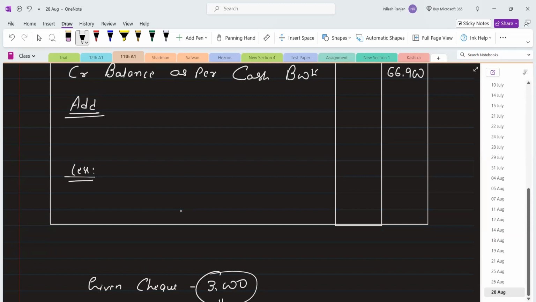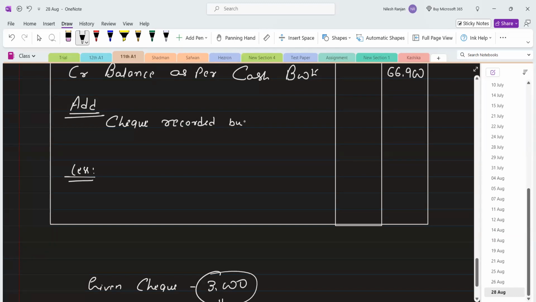Now we have to decrease our cash book to match with passbook balance. But due to negative balance, we have to add it. So check recorded but not sent to bank, 10,000. Is this clear?